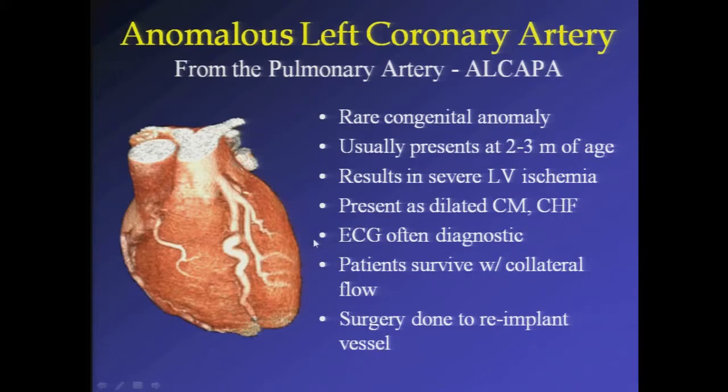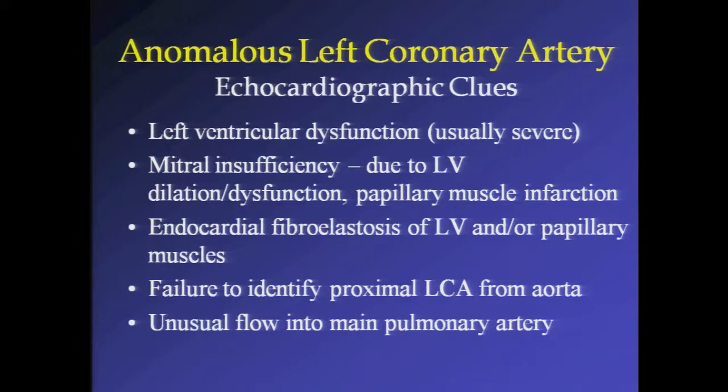It has classic ECG features, and often the diagnosis can be made just based on that. But what it requires is collateral blood flow from the right coronary artery to supply the left ventricle. And typically, at the time of diagnosis, it will be repaired by reimplanting the anomalous left coronary artery back onto the aortic root.